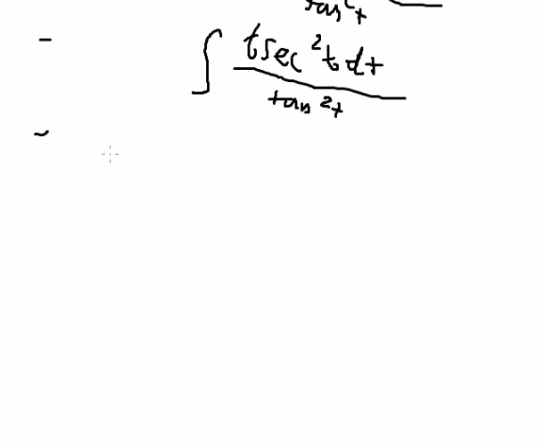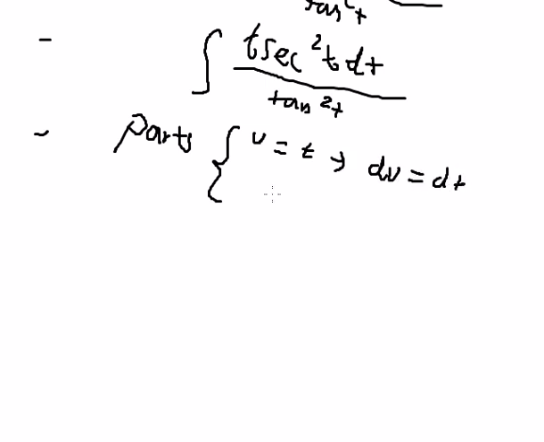So we need to use integration by parts. So we have two things. We get u equal to t, du equals dt, dv equals secant t squared over tan t squared dt.